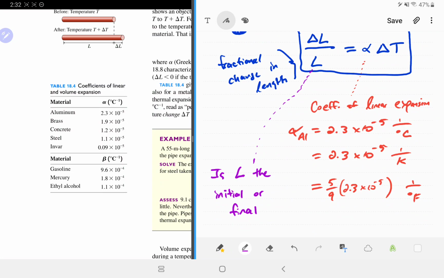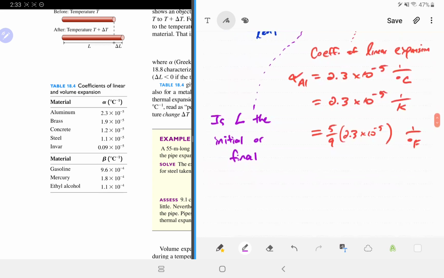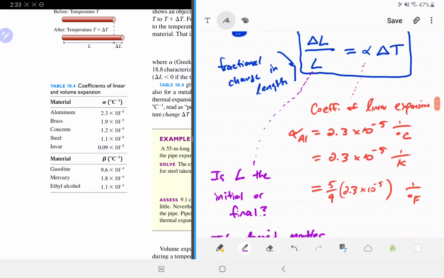So if I multiply by 1 Kelvin, 10 Kelvin, even 100 Kelvin, the fractional change in length is not going to be very much, a fraction of a percent. If that's the case, it doesn't matter. So the answer to this question, is L the initial or the final, is that it doesn't matter. Whether you plug in the initial or the final one, it'll be about the same fractional change in length.